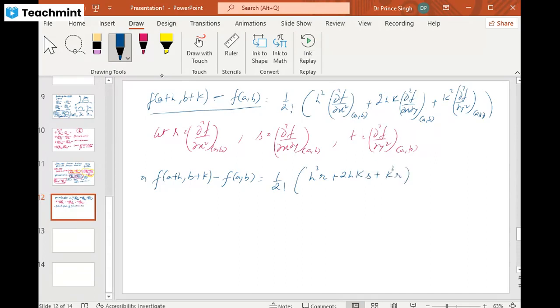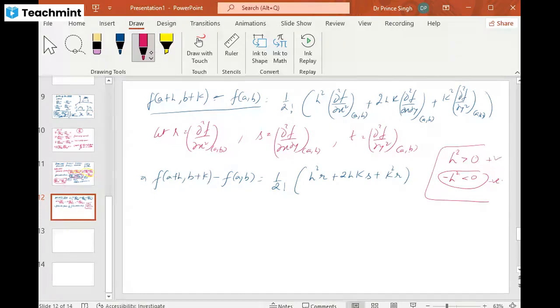Now we know one thing, that the square of a number is always positive. Basically, how can we define a positive number or negative number? A positive number is defined as the square of a number, which is always positive. A negative number is defined such that if I multiply a positive number with a negative sign, then it is always negative. This is a negative number.